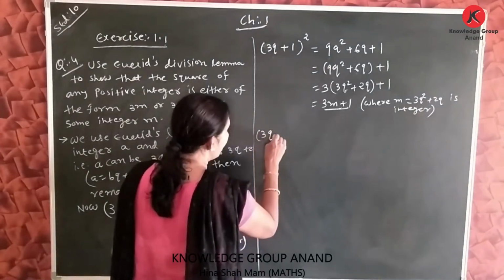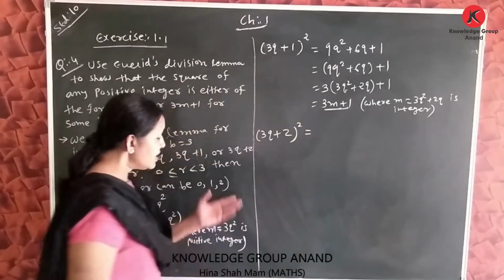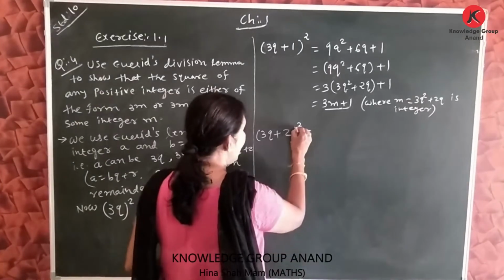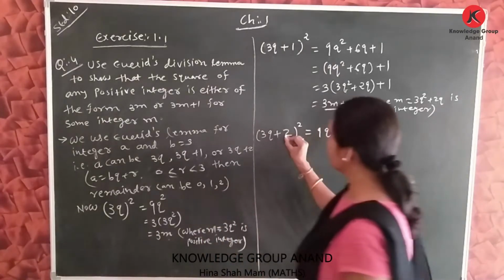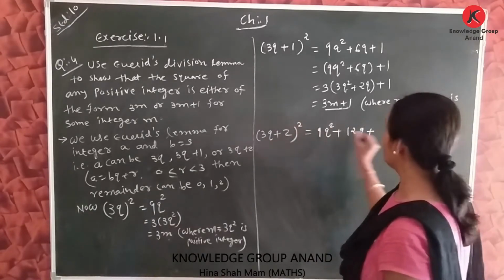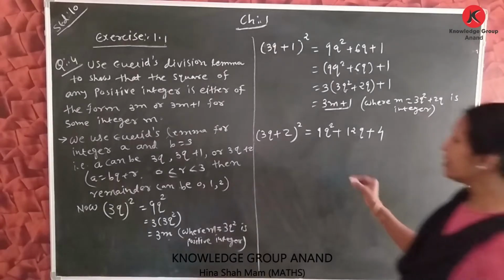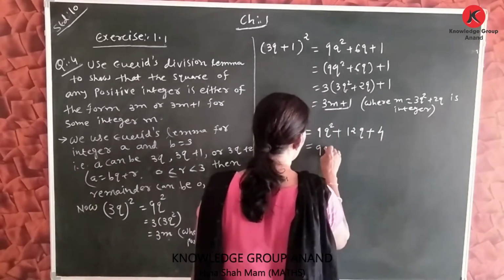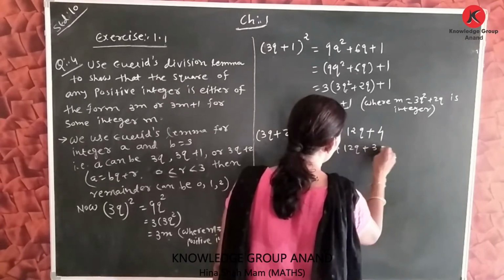Again, let's take 3q plus 2. Its square is either of the form 3m or 3m plus 1. We expand this number: 9q square plus 12q plus 2 square, which is 4. Clear? We arrange this number in the form 3m plus 1. 9q square plus 12q plus 4, we split 4 as 3 plus 1.